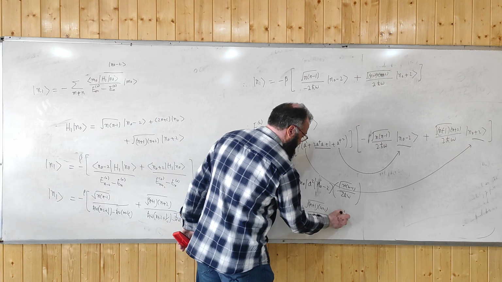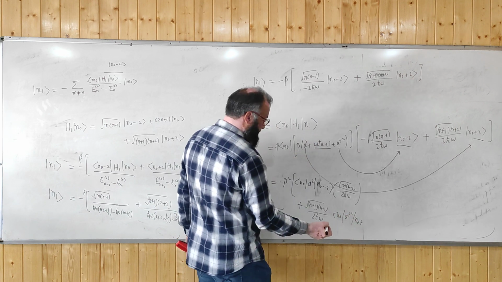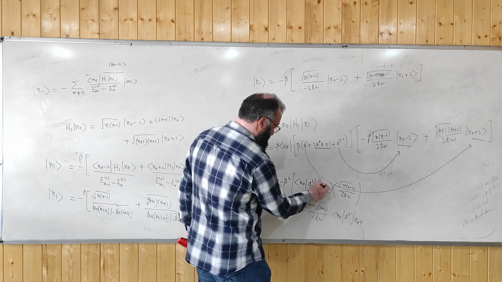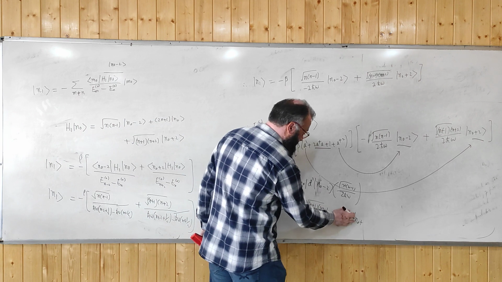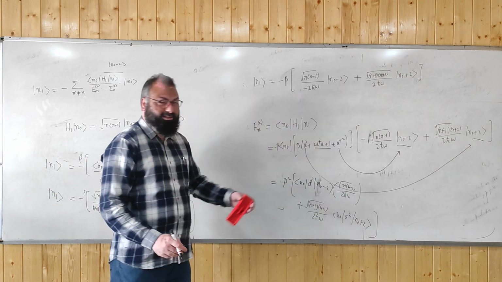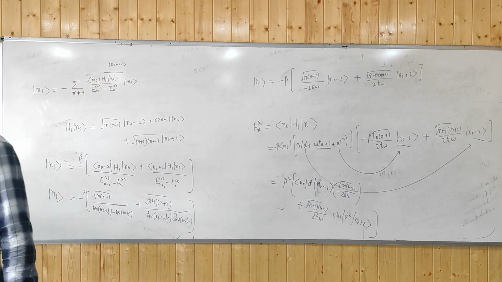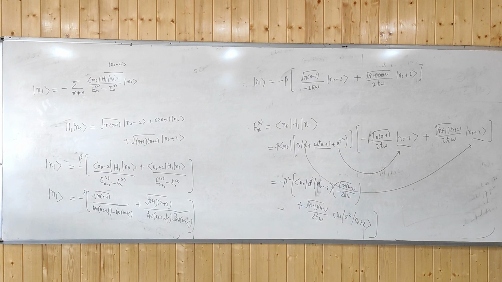So you are having n naught a dagger square and n naught plus, it is a dagger square, and here it is a square. And you evaluate this a and a dagger, so you will get those factors, so you will get the second order correction.